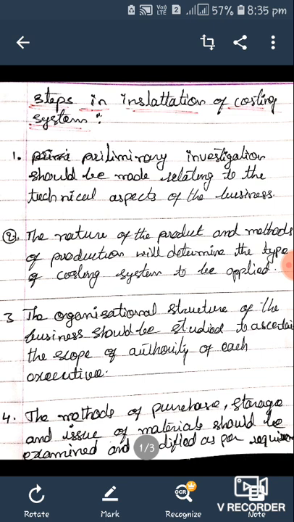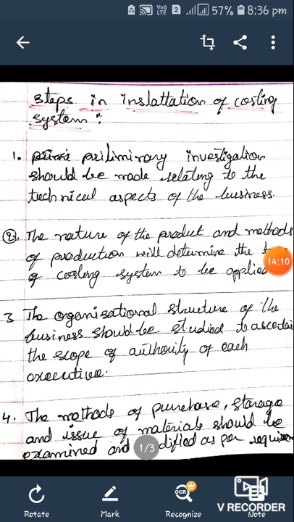First, a preliminary investigation should be made relating to the technical aspects of the business. So first of all, the company should investigate how much technical things they are using in their production.